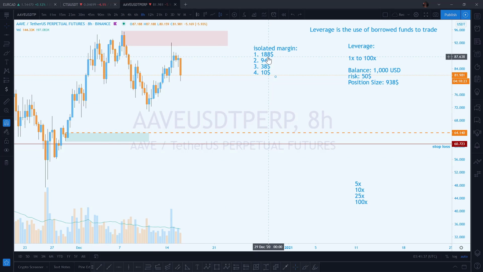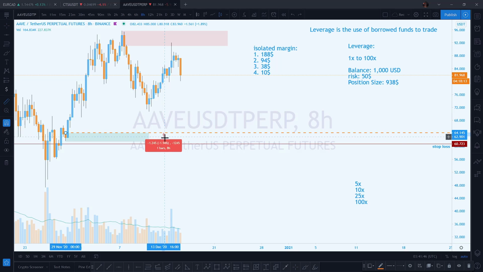This is the amount you can lose on liquidation in isolated margin, right? How many percent move from your entry will make you lose this amount on a position size of $938? You are buying $938 worth here.